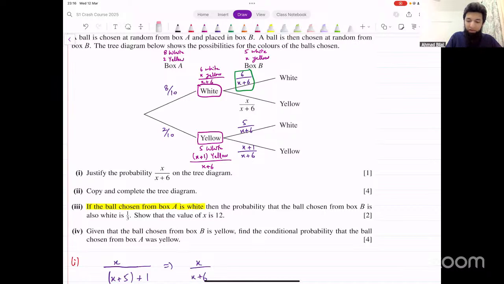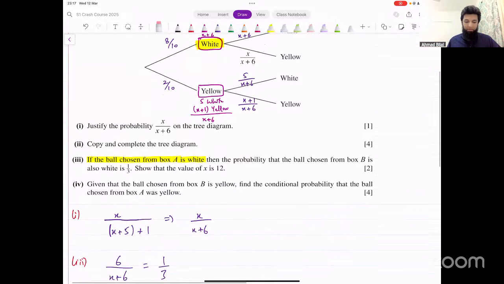We are already at this point, right? We have reached this point in the tree diagram already. Now, after that, what's the probability of getting a white ball the second time? That is just 6 over x plus 6. So we're just going to consider that. Is that okay? Make sense to everyone? So we just use x over x plus 6 here. Okay? All right, good. Now, let's look at part 4 now.